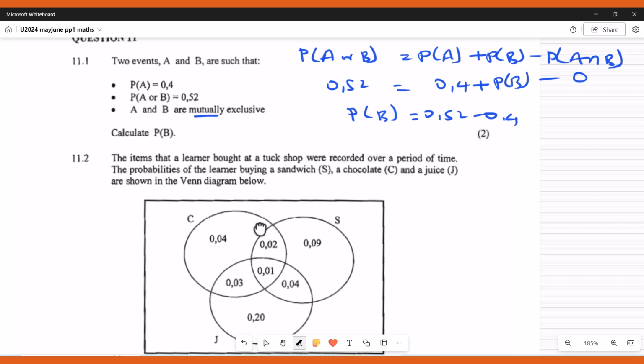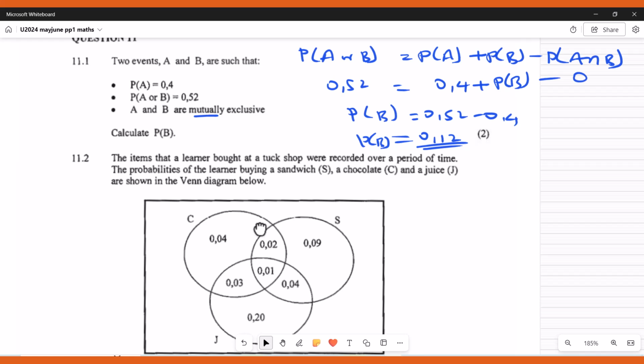So what do we get here? We're going to get 0.12 as our answer. That's the probability of B. Hope we are together. Why? Because if they're mutually exclusive, intersection is 0. If they had said that they are independent, then our intersection would have been the product of A and B.